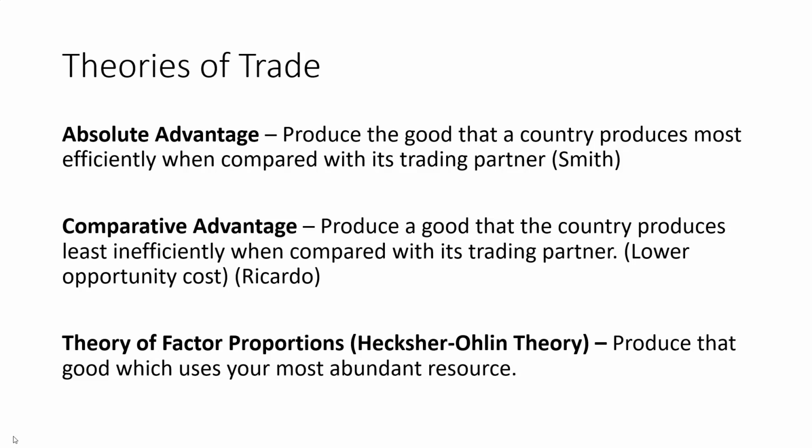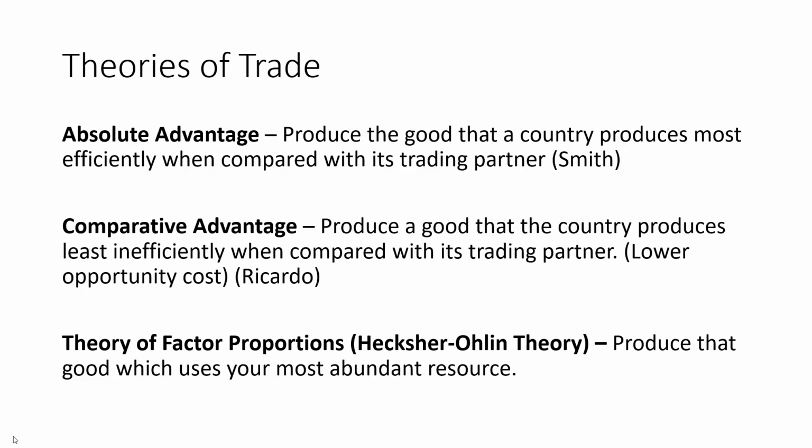Heckscher was long dead by that point, because I think Ohlin won it in the early 60s. Heckscher was long dead. Ohlin got the $1 million. Heckscher gets the credit. Economists today tend to call it the Heckscher-Ohlin theory, hence why I've listed it that way. But both Heckscher and Ohlin called it the theory of factor proportions.